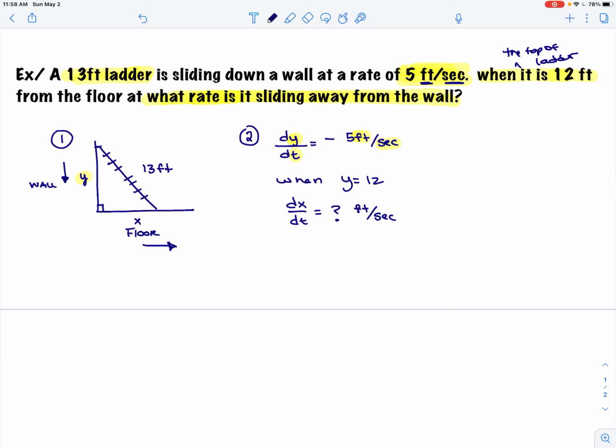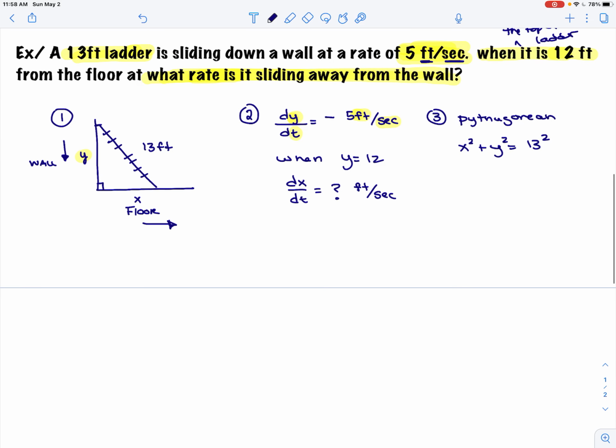Okay, once I have those set up, my next step is to come up with a formula that relates X to Y. And if I look, that's just Pythagorean. So I get X squared plus Y squared equals 13 squared. All right, so now I'm ready for step 4 to differentiate.